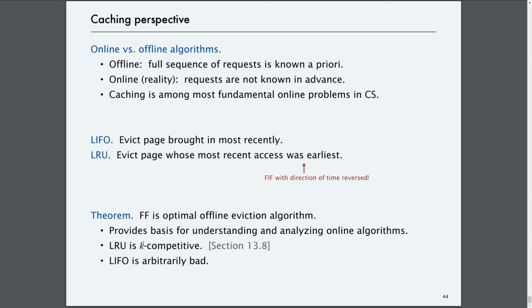So this competitive thing here is just a description of how good it is compared to the offline algorithm, if you knew it beforehand.